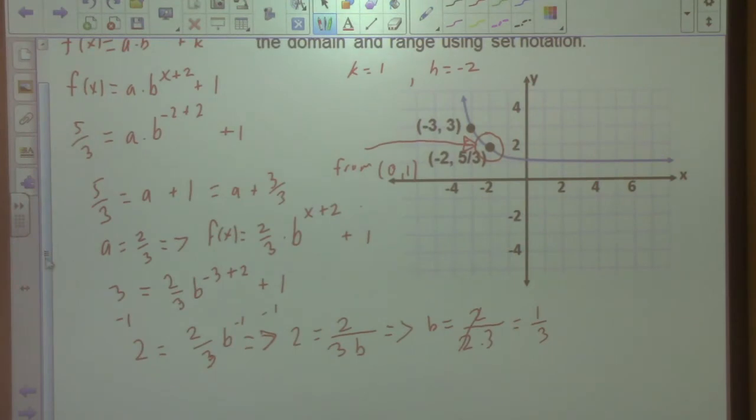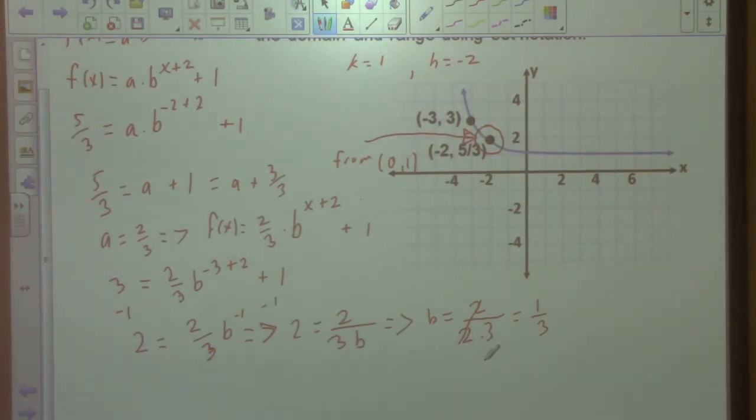So we have our equation now, which is f of x equals 2/3 times 1/3 to the power of x plus 2, and put plus 1 over here. And then you can test in your calculator and see if it lines up those reference points, right?